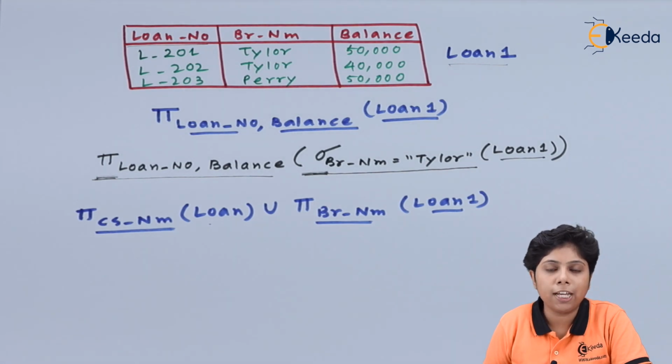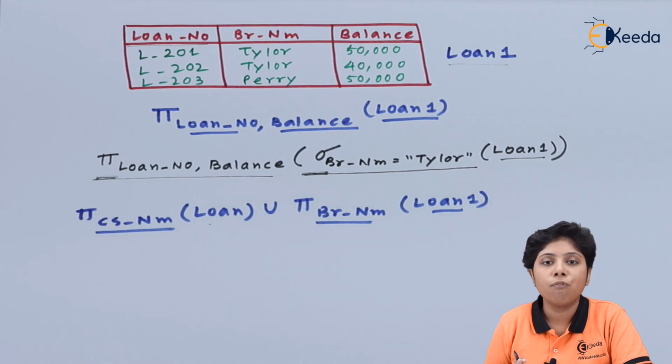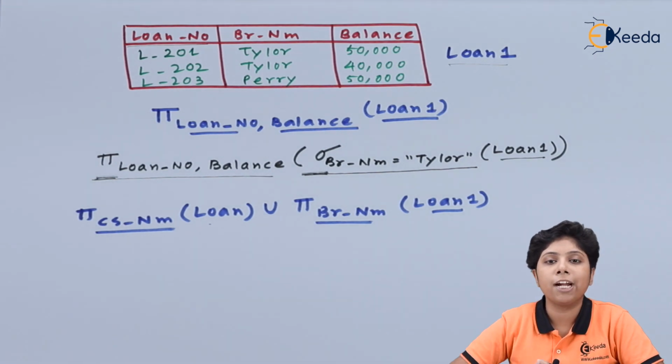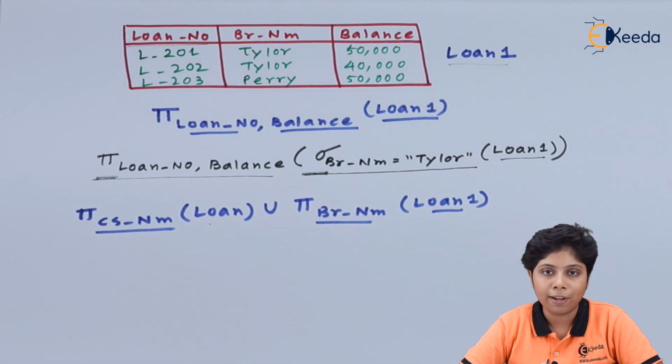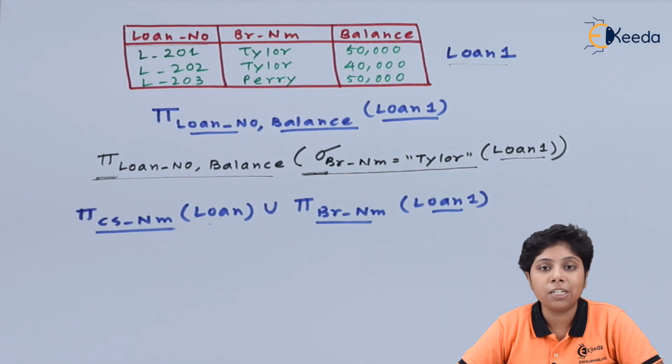So the first two things to keep in mind while doing the union operation are, first, the two columns or attributes we are choosing for joining the relations should have exactly the same number of values. And secondly, the first column of the first relation must match with the column we are joining from the second relation.